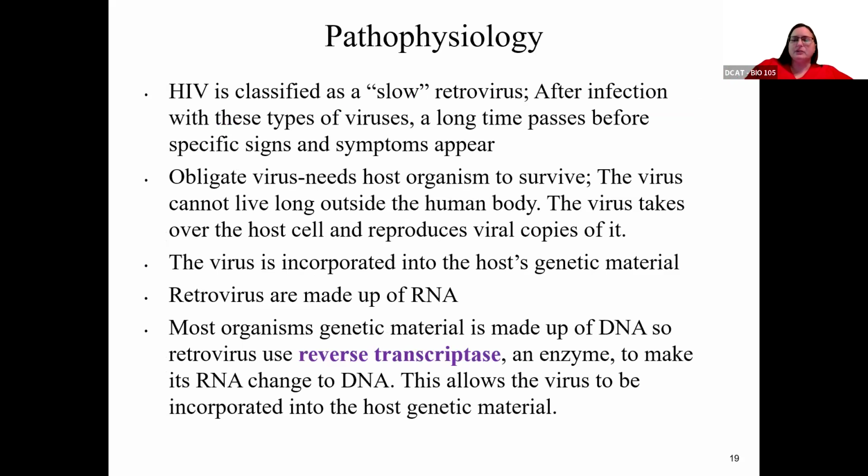Pathophysiology of HIV. The patho is kind of how it works, and the physiology is how it works. The patho is the details of that. HIV is classified as a slow retroviral virus.